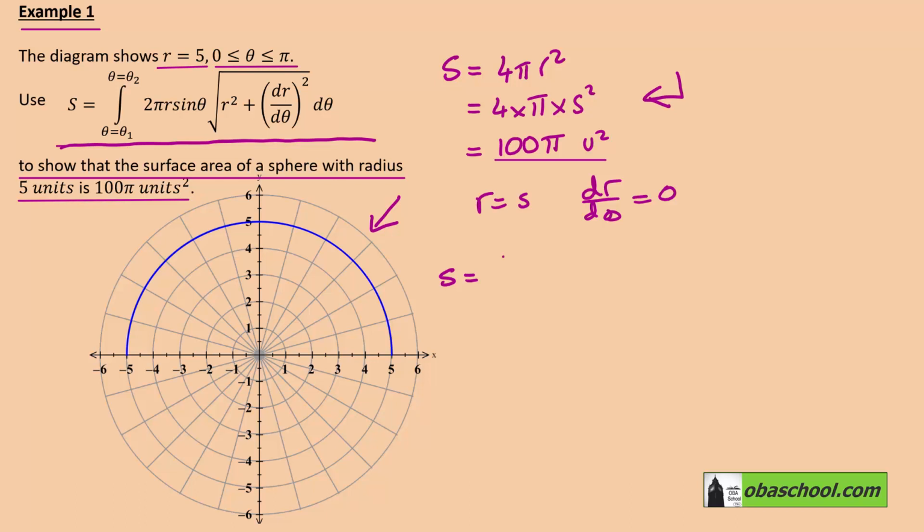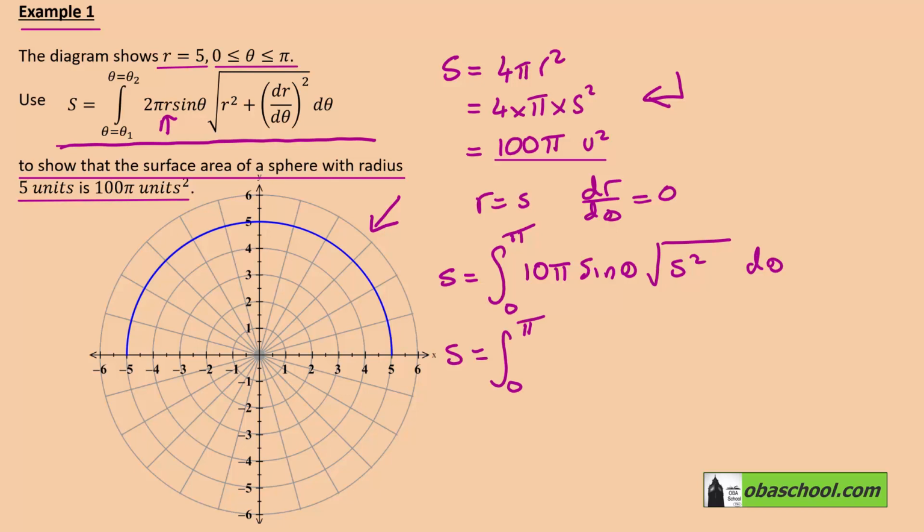So s is going to be the integral from 0 to pi of, now remember r is 5, so when we substitute in here, we're going to get 10 pi sine theta, and then we're going to get the square root of 5 squared. And the square root of 5 squared is just 5, so we're going to get the integral from 0 to pi of 50 pi sine theta d theta.